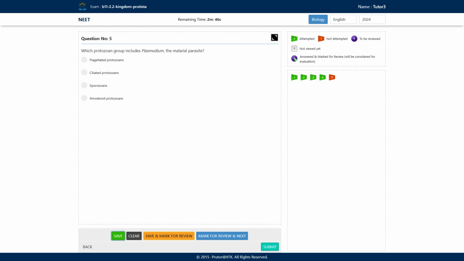Okay, so Plasmodium is which kind of protozoan? There were four groups of protozoans. To which group does Plasmodium belong? What are the options? A, flagellated protozoans, B, ciliated protozoans, C, sporozoans, and D, amoeboid protozoans.